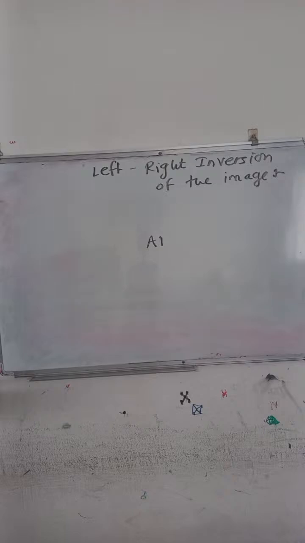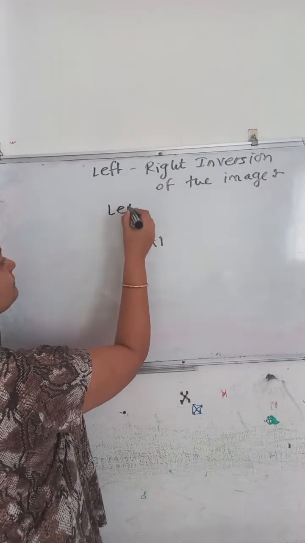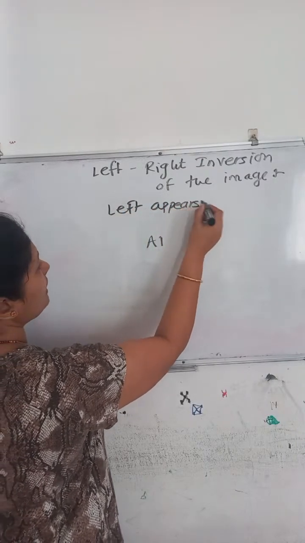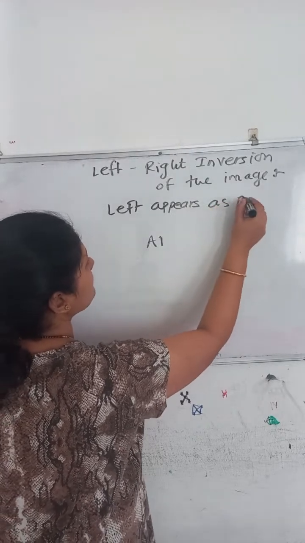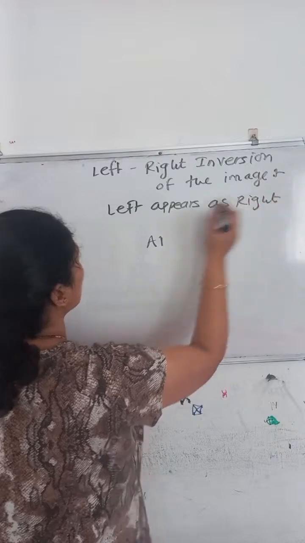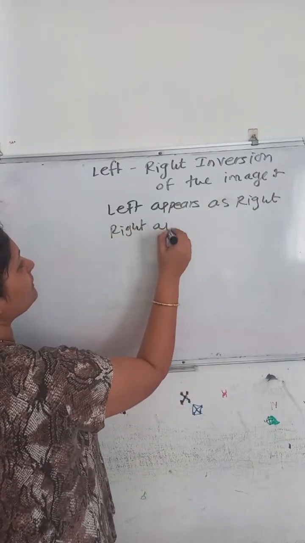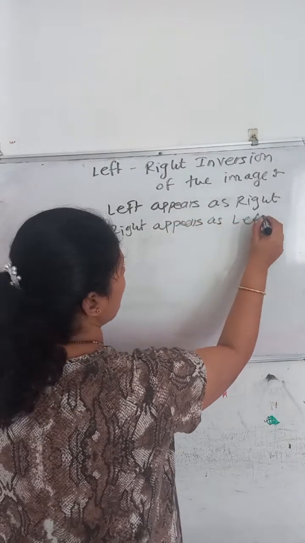So you can write down if you want: the left appears as right and right appears as left.